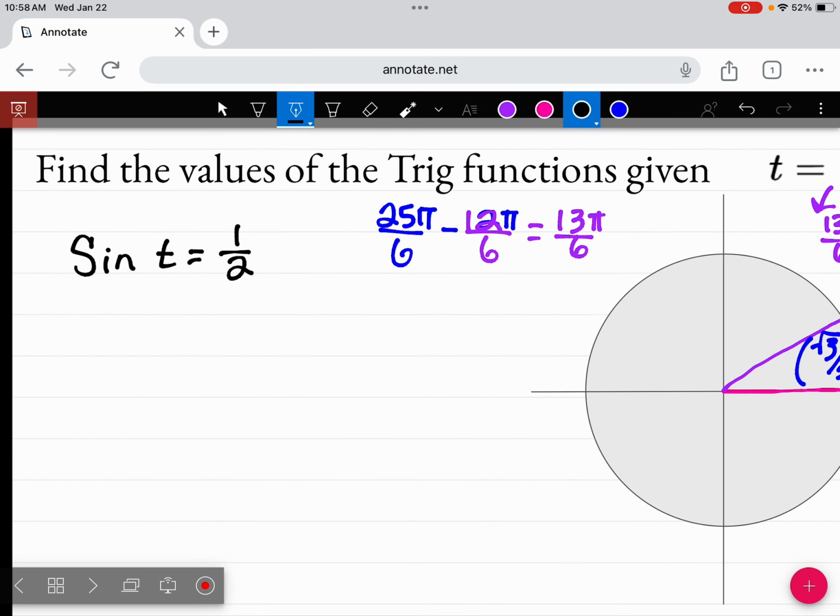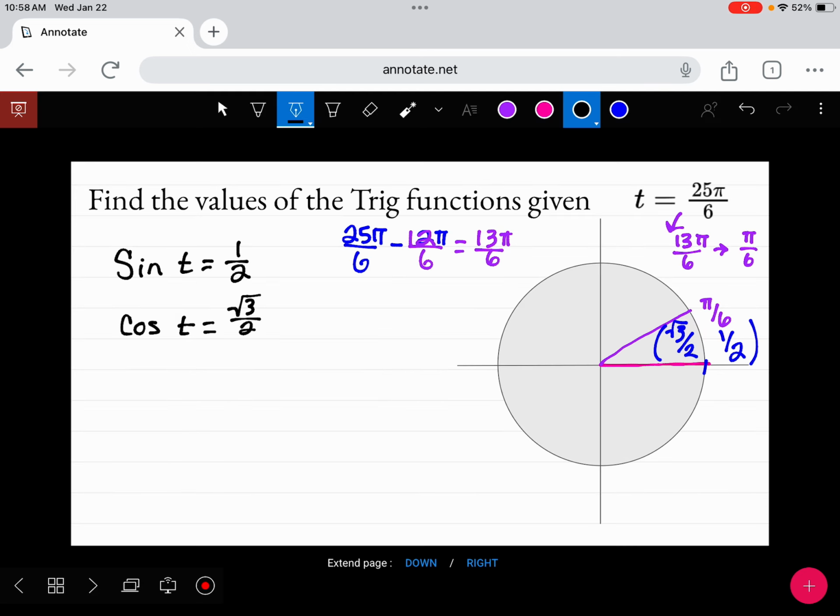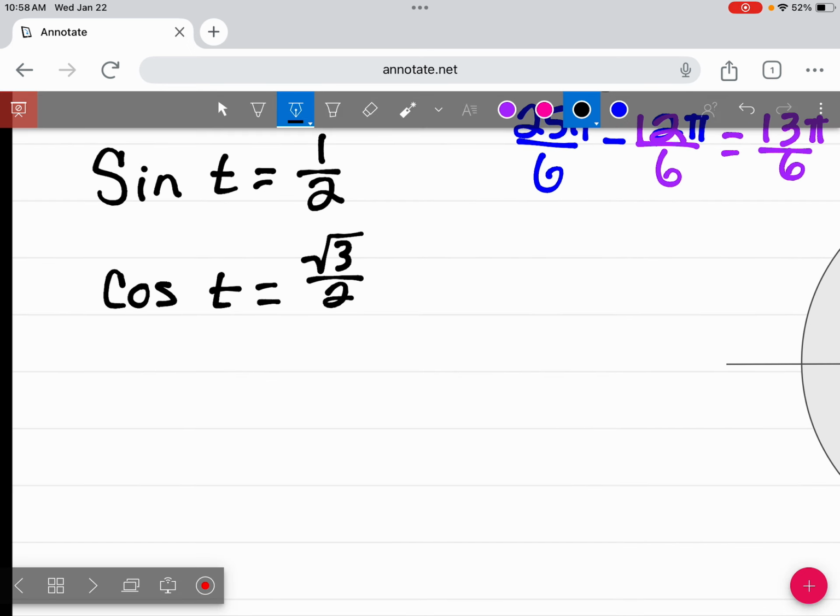What is cosine of t? Square root of 3 over 2. Because our sine is our y, our cosine is our x. So our tangent of t is going to be what? Square root of 3 over 3?